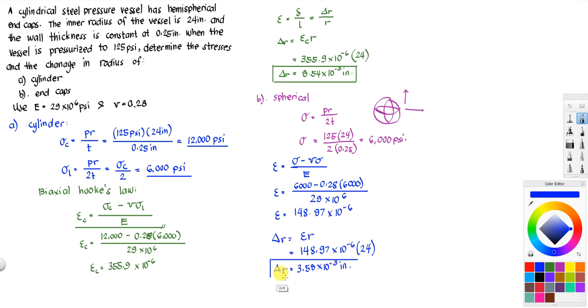So these are now the answers, the stresses and changes for the end caps. So that's it for this problem. You have 5 minutes again to copy.